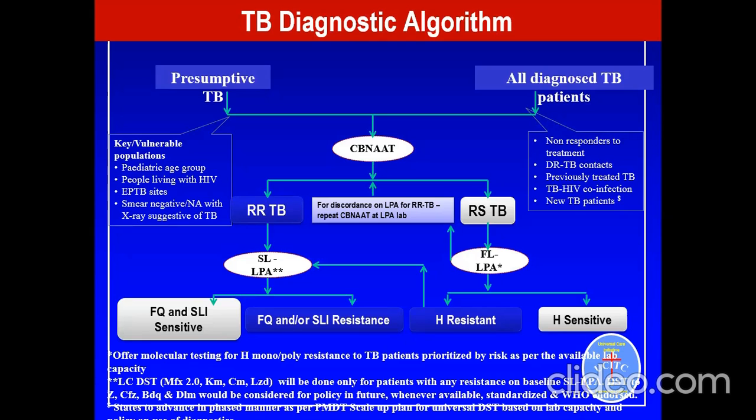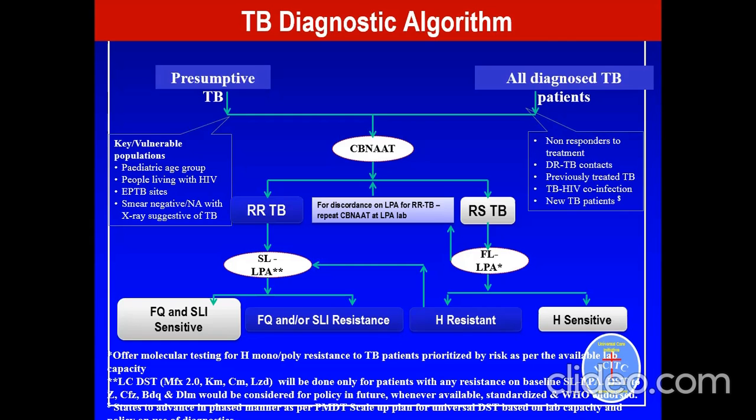A person whose CBNAT shows the presence of MTB and detects rifampicin resistance, that second sample is subjected to second line LPA, second line drugs.